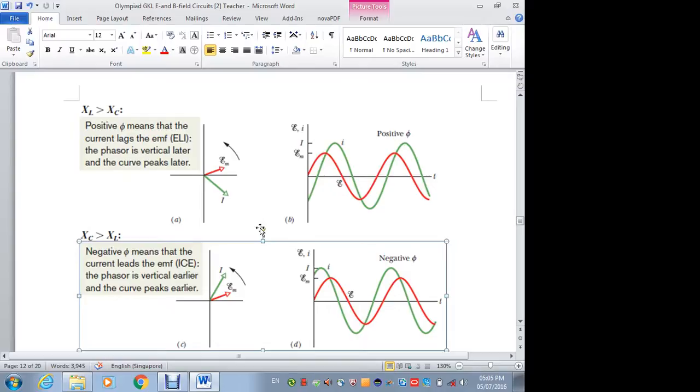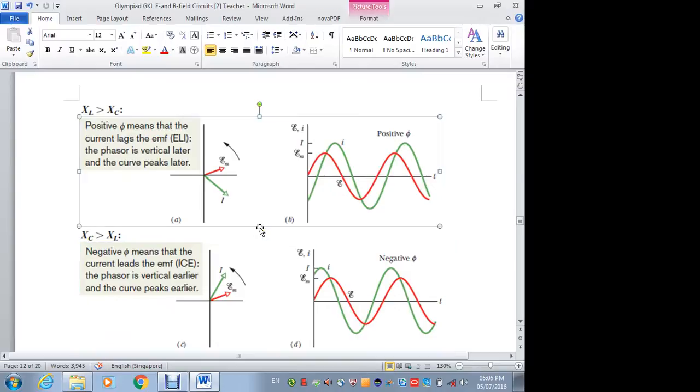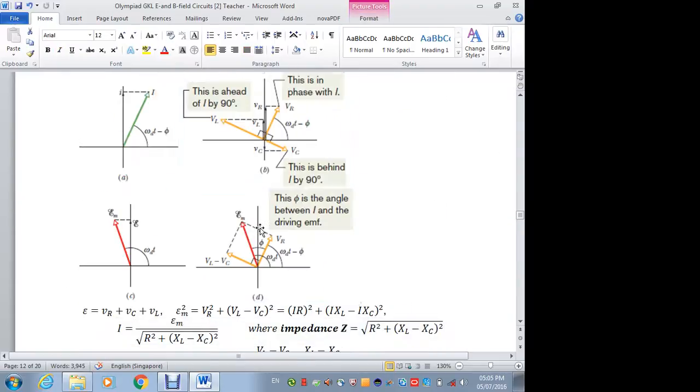If XL is more than XC, referring back to the phasor diagram, you will get this case, because XL will be longer than VC. So you will get this case. XL more than XC.